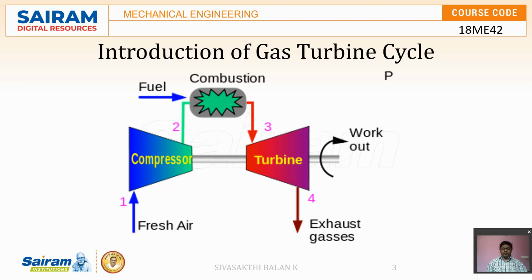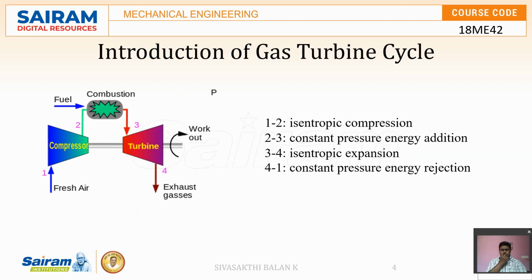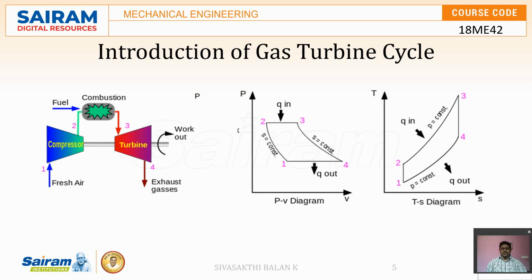The four processes which the gas turbine cycle undergoes are isentropic compression, constant pressure energy addition or heat addition, isentropic expansion, and constant pressure heat rejection or energy rejection.